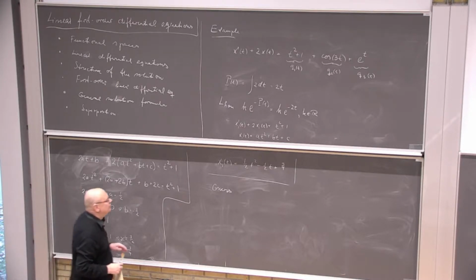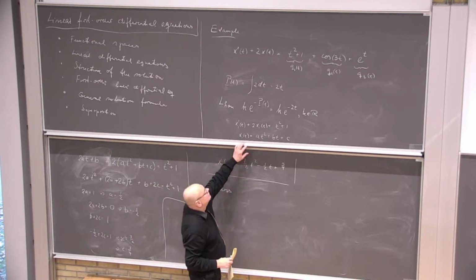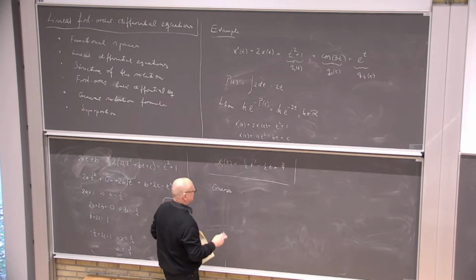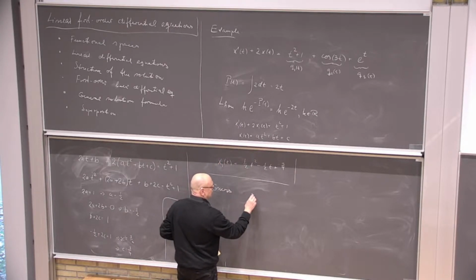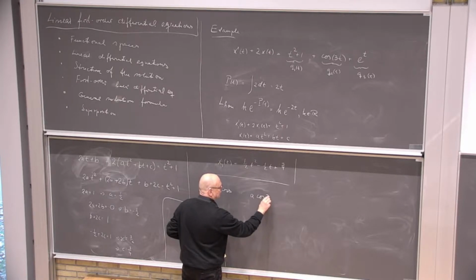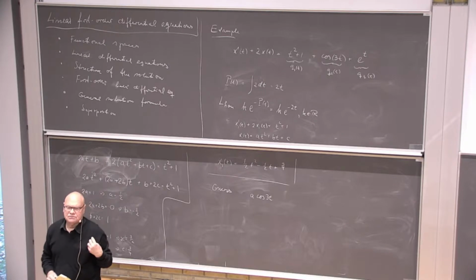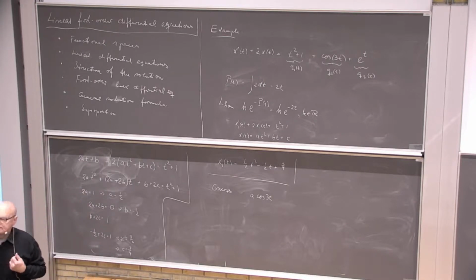And since you have the function itself in the left-hand side of your equation, you probably need a term like cosine 3t. But if you take the derivative of cosine, you get sine.